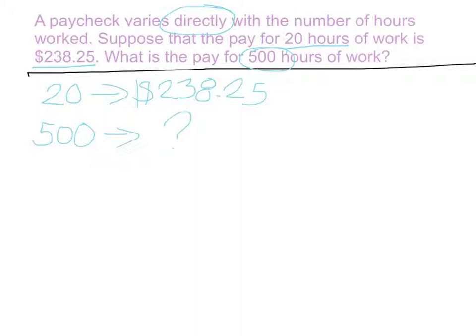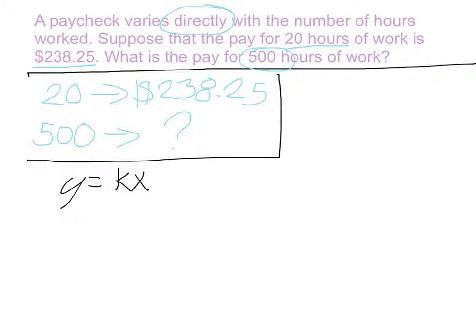Okay, so the first thing that we're going to recognize is that they're talking about direct variation. So I'm going to deal with my direct variation formula, which is y equal to kx. But what does y equal to kx mean in the context of this problem? I recognize that paycheck is coming before the word directly in the question that I'm given.